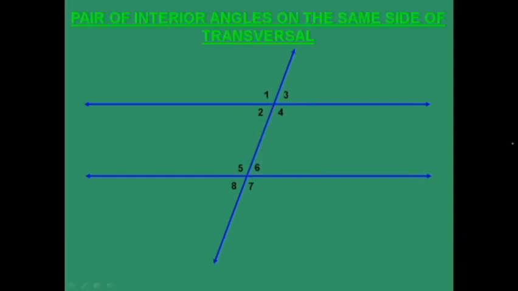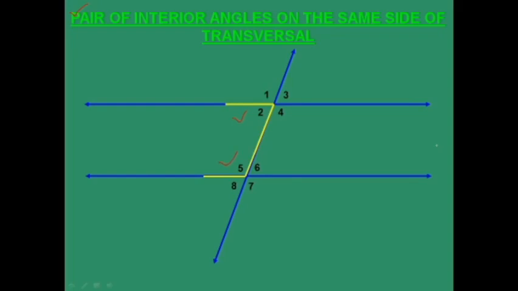The next pair of angles is the pair of interior angles on the same side of the transversal. This means the angles in the interior part and on one side of the transversal. Here angle 2 and angle 5 are interior angles on the same side of the transversal.